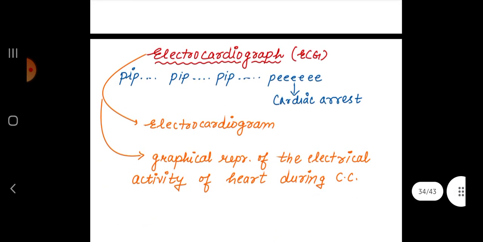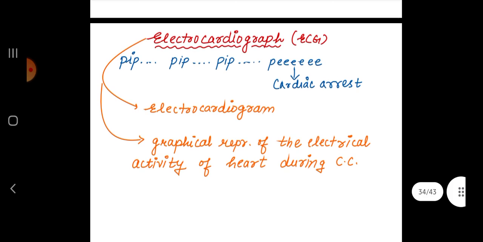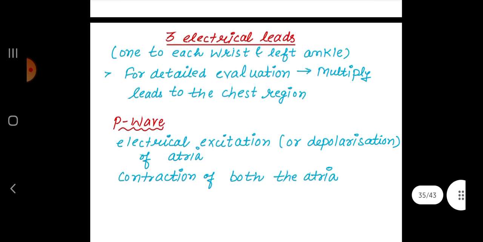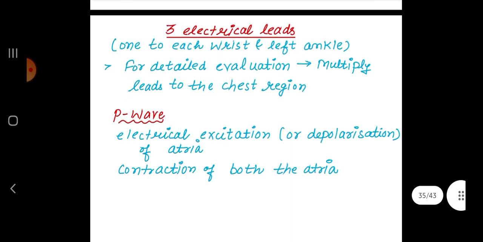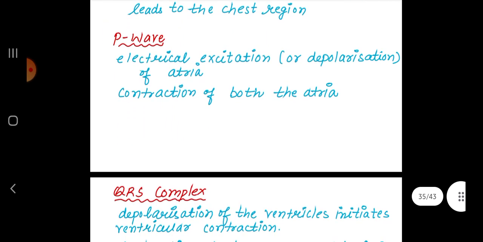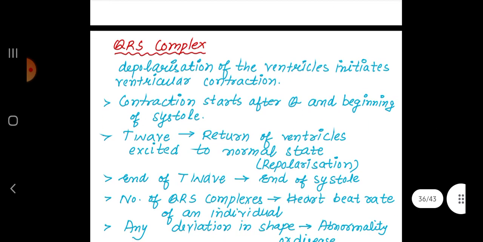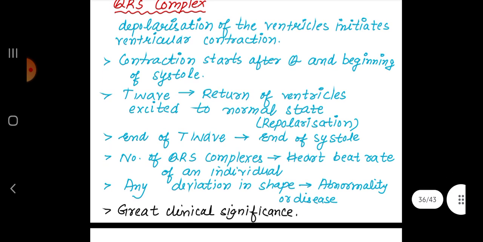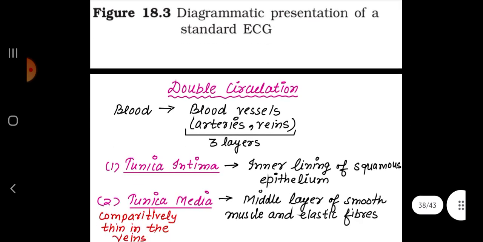Then the electrocardiograph produces an electrocardiogram, a graphical representation of the electrical activity of the heart during the cardiac cycle. Three electrical leads are used, one to each wrist and one to the left ankle. The P-wave is electrical excitation, the QRS complex is the return of the ventricles, and the end of the T-wave marks the end of systole.